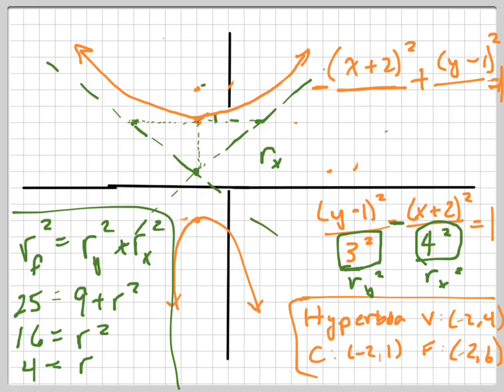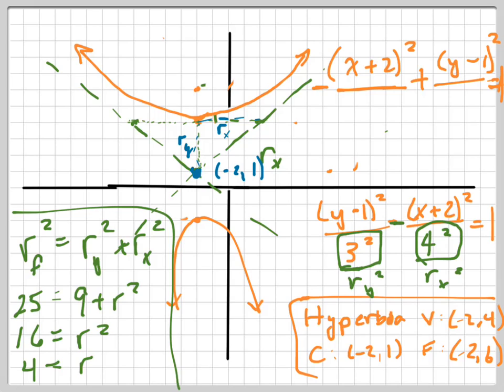So again, how do we find the equation of the asymptote? We have a point and a slope. The slope is the rise, r sub y, over the run, r sub x, and our point is -2, 1.